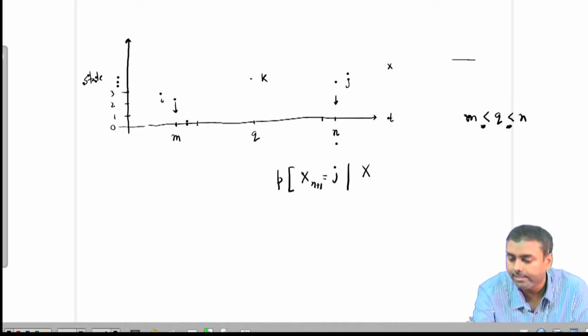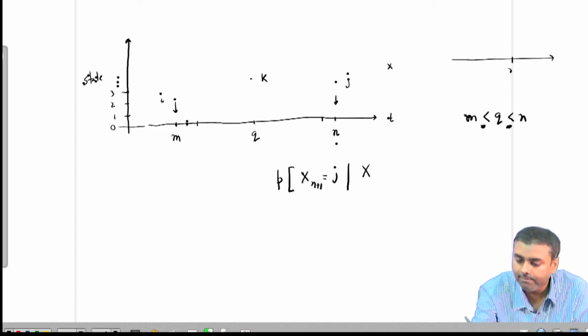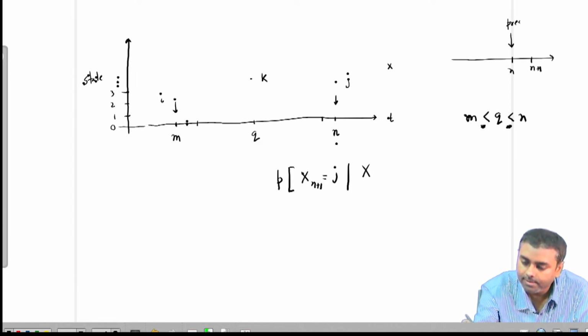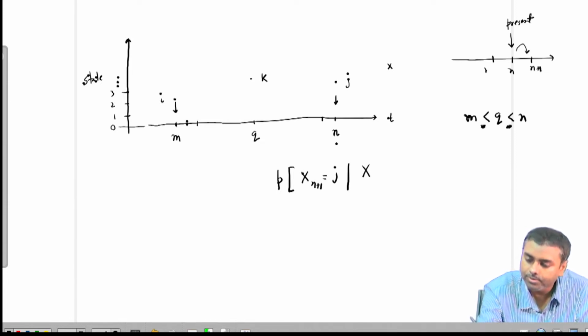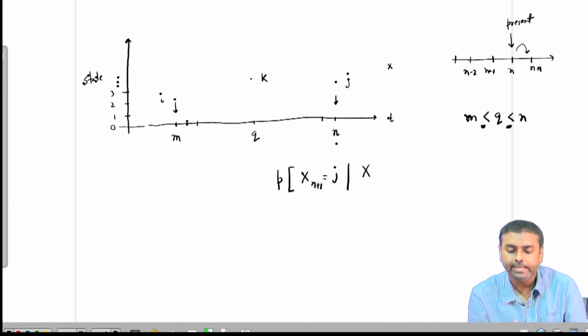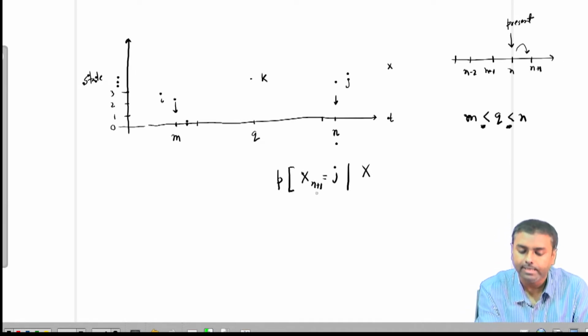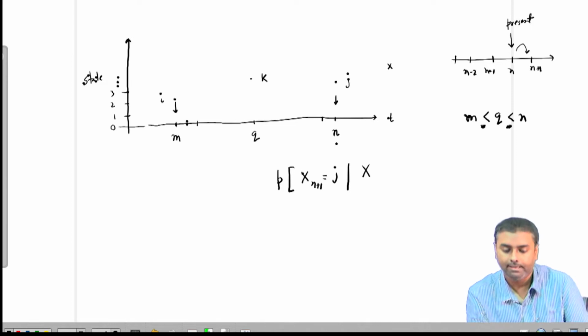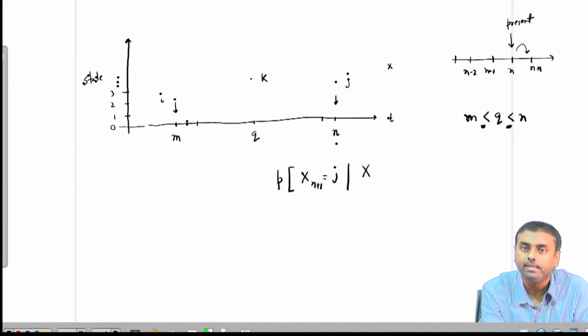So, I draw another timeline. I have this nth instant, which is the present, where I am sitting. n plus 1 is my future, and all the others, n minus 1, n minus 2, have already occurred in the system, so these are the past. I am trying to predict the event at n plus 1, that it will take state j at n plus 1. I am trying to predict the associated probability given all the things we have observed.